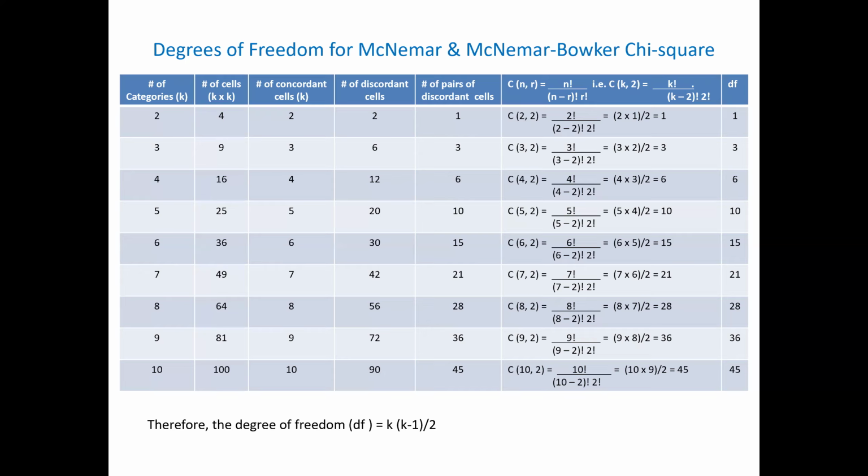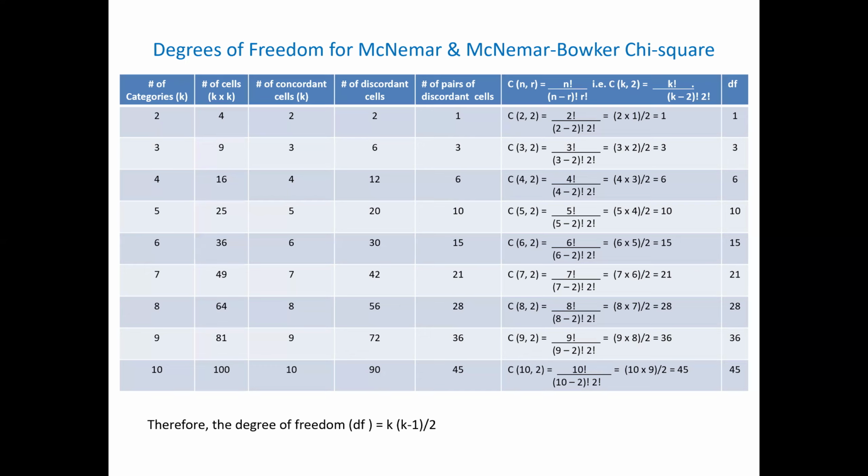Apart from McNemar, which is 2, anything after McNemar, once you have 3 categories and above, the number of discordant cells will be double the number of categories. Now, the number of pairs of discordant cells: we pair them. When there are 2 cells that are discordant, it will be 1 pair. So the number of pairs will still be equal to the number of categories.